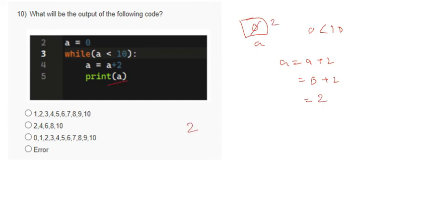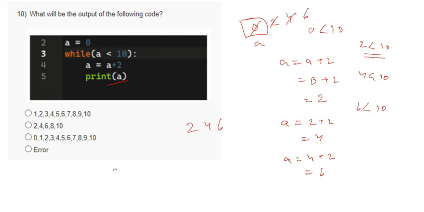Obviously 2 is less than 10, so it is true. Then the value of A will be 2 plus 2, and that is 4. Print A, so 4 will be printed. Obviously 4 is less than 10, so A will be 4 plus 2, that is 6. 6 will be printed. 6 is less than 10, A equals 6 plus 2, that is 8.